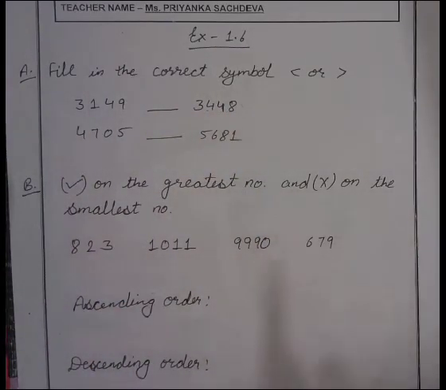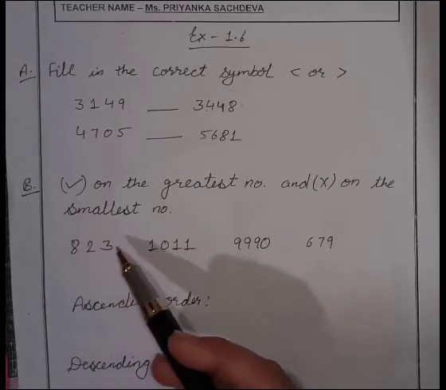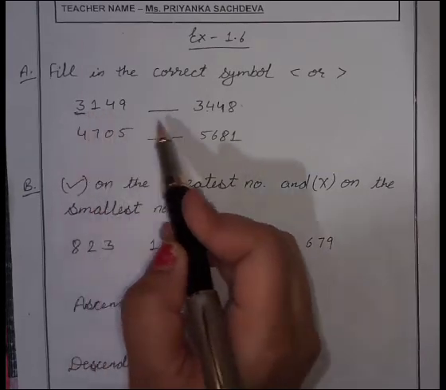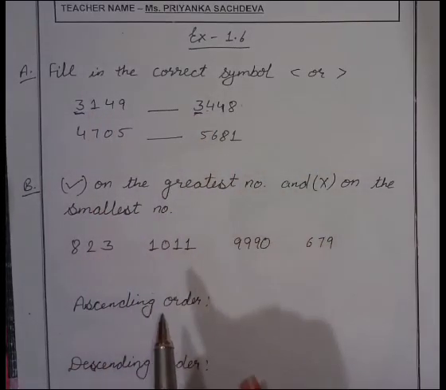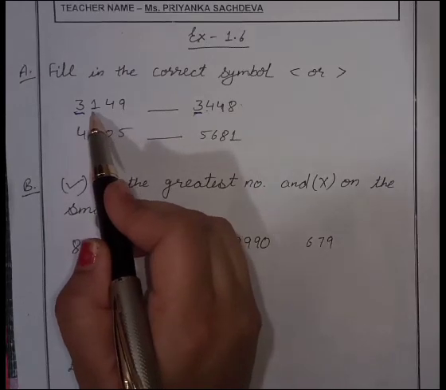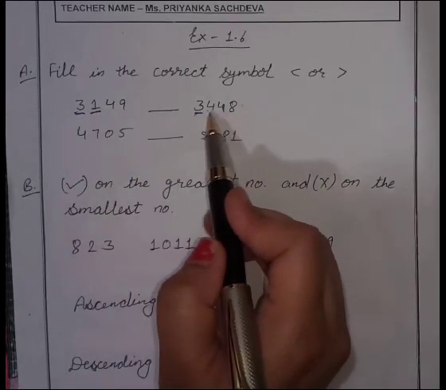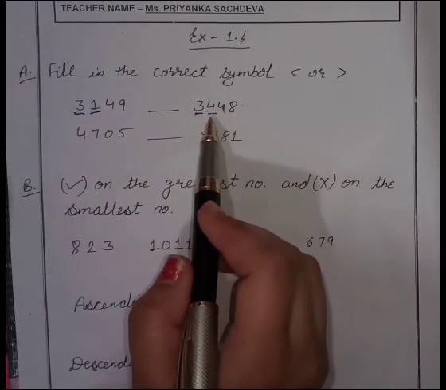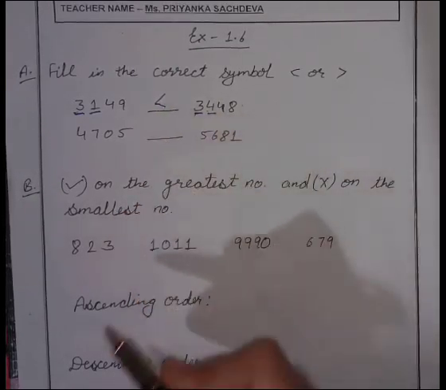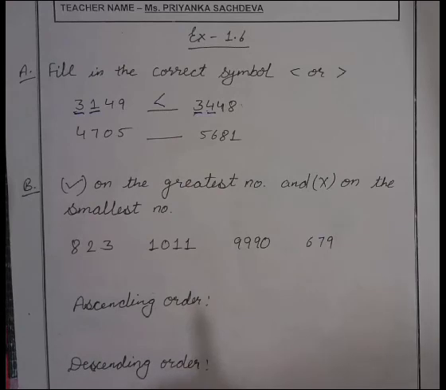Equal number of digits are there. Okay. Now next step is to check the first digit. Our first digit is 3, here also 3, same. Then we will go to the next. Here first digit is 1, here first digit is 4. It means this one is greater, so we will write the greater sign here. Okay.